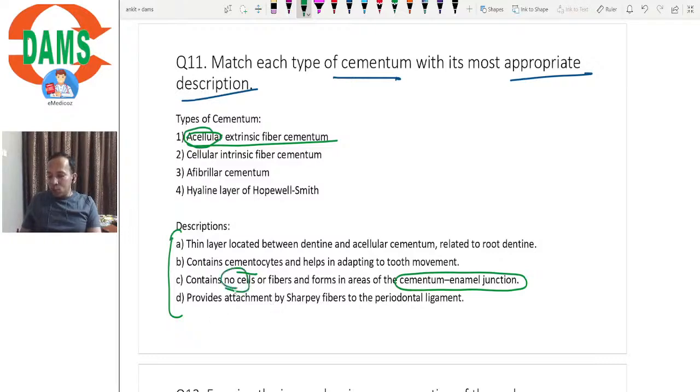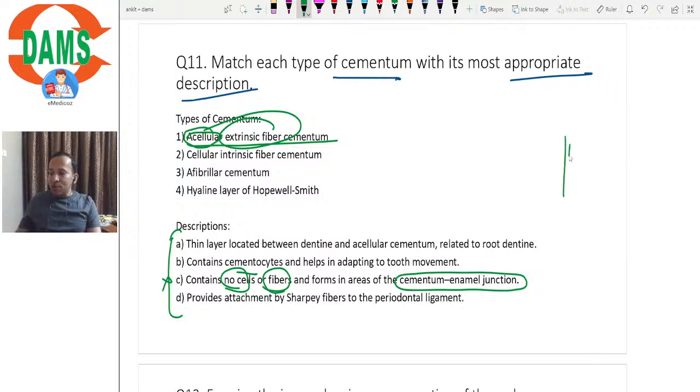Because option C has no cells and no fibers, but acellular extrinsic fiber, isn't it? Extrinsic fiber definitely has fibers. So it can't be a cementum which does not have fiber. And here, as you can see, option D provides attachment by Sharpey's fiber to the PDL.